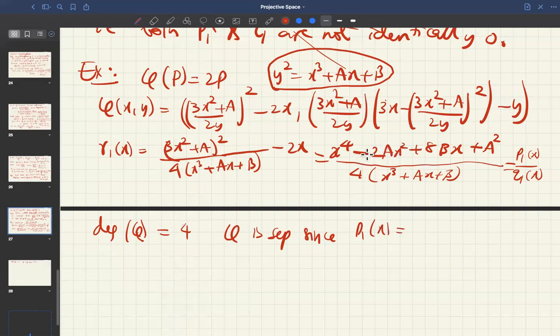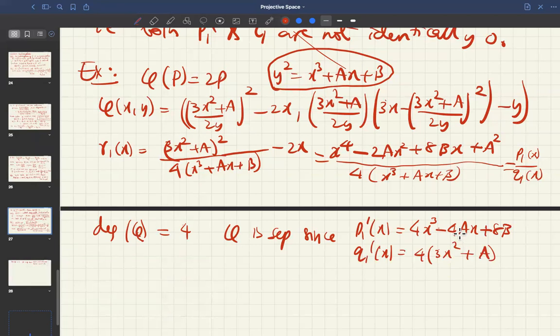Can it be identically 0? P1 dash is 4x cube minus 4ax plus 8b, and Q1 of x is 4 times 3x square plus a.